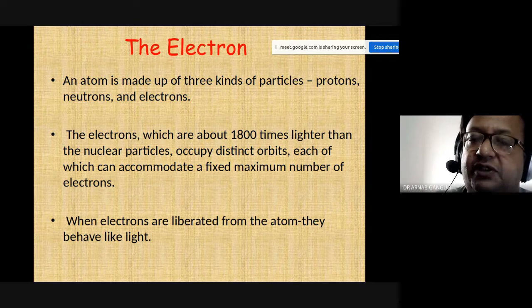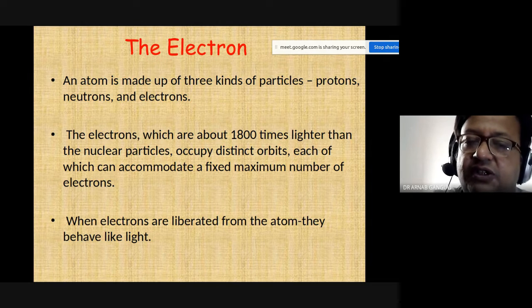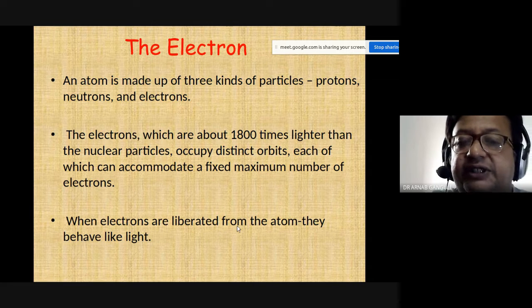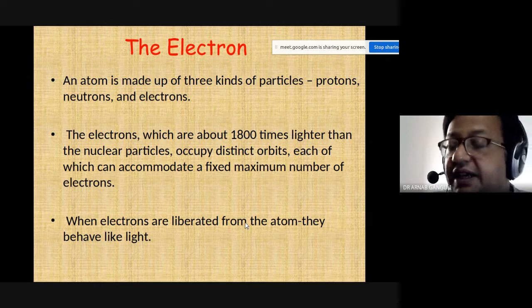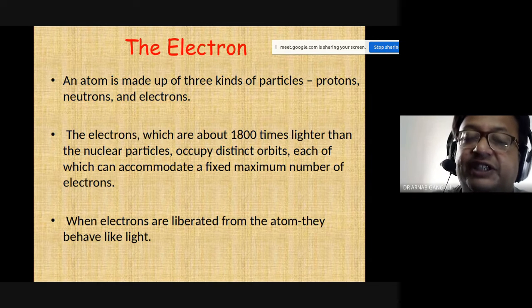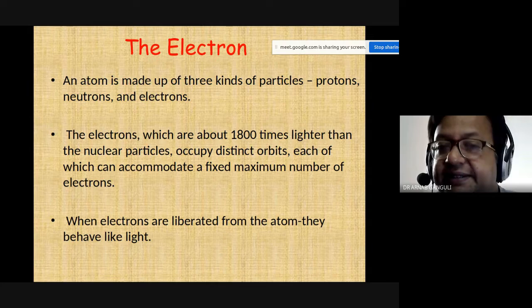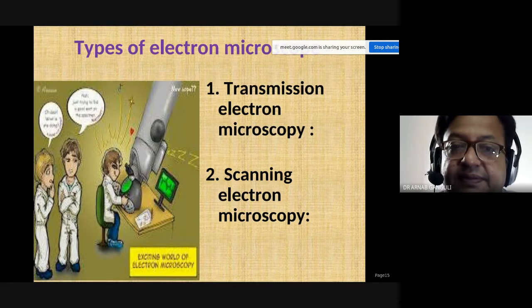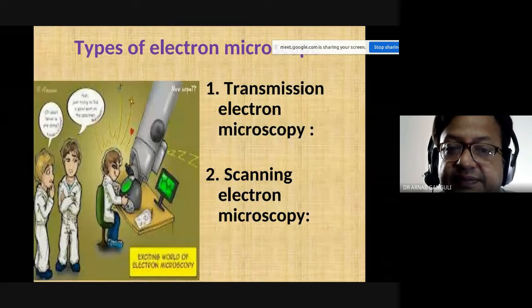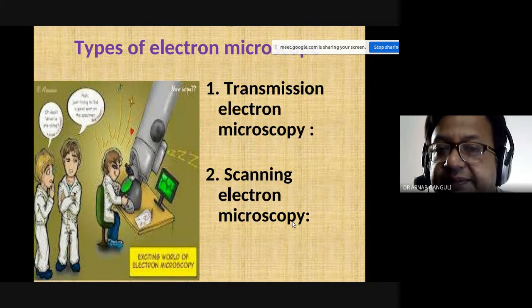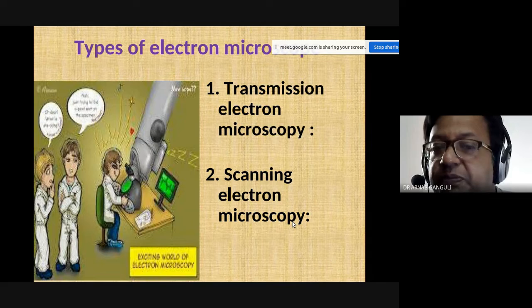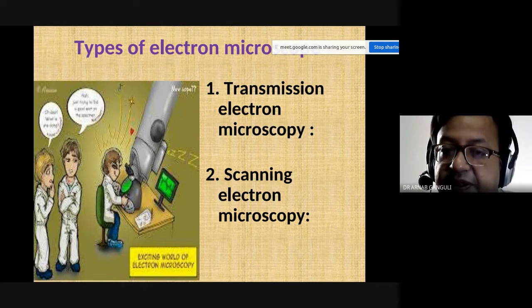Higher energy orbits are more unstable. So when electrons are liberated from the atoms, they have much more energy. Then they behave like light. So there are basically two types: transmission electron microscopy and scanning electron microscopy.